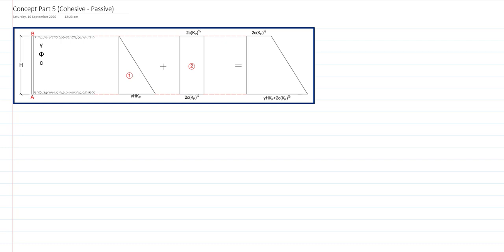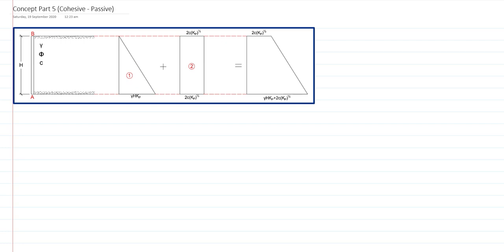So, syempre, same from the previous one, coming from the active condition. So, syempre, given pa rin tayo ng gamma, phi, at cohesion ng ating soil. Ngayon, kukunin natin yung diagrams na pwede nating makreate sa kanya para makuha yung lateral earth force under the passive condition.